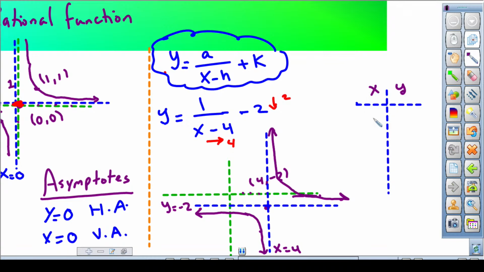If I put, let's say, 4. Let's start with the negative actually. Let's start with -1. If I put -1 for x, that's -1 minus 4, that's -5. So basically you're saying -1/5, -1/5 minus 2.